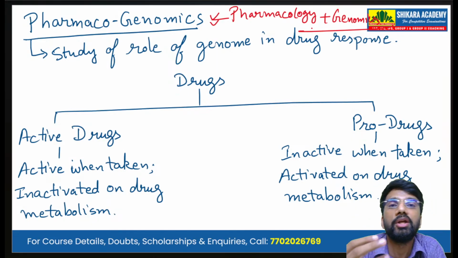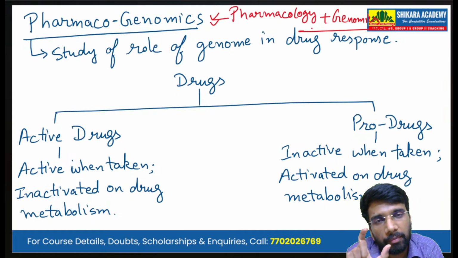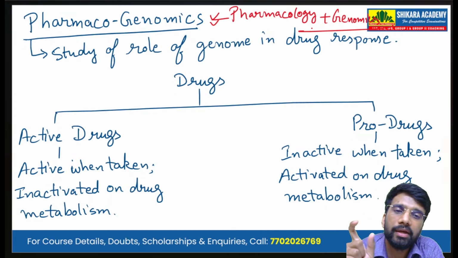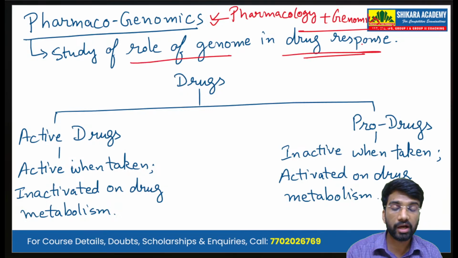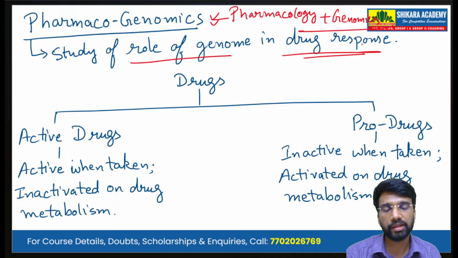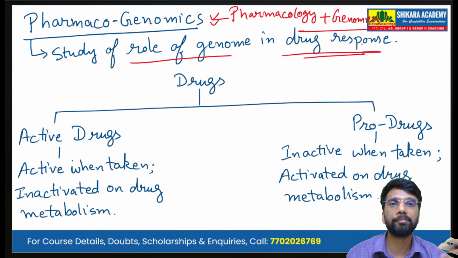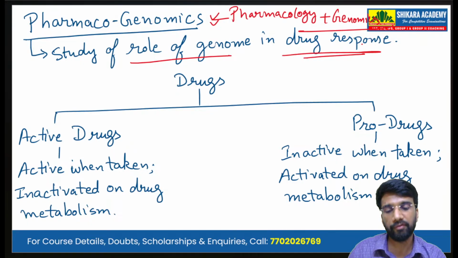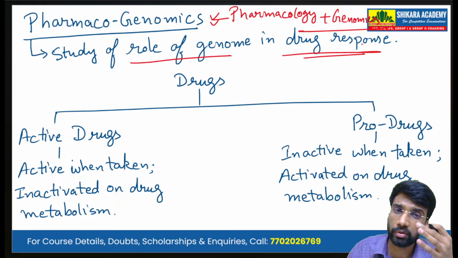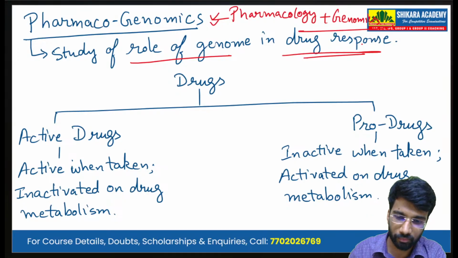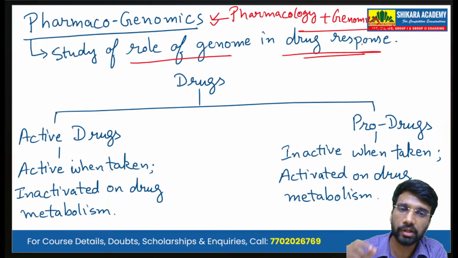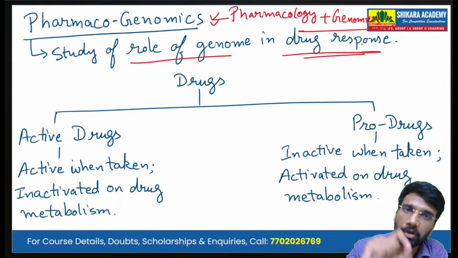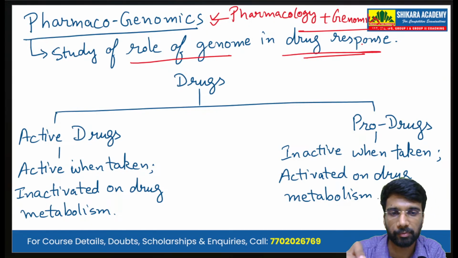So pharmacogenomics is a new area which studies the role of the genome in drug response, like how our own genome is responsible for our response towards a particular drug. Suppose I have taken a drug, how my body is going to respond to that drug will mostly be determined by my genetic makeup, or my genome.